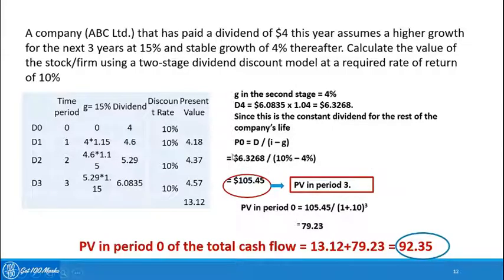So the discounting can be done till the period just previous to the period in which the dividend started. Hence, 105.45 is the discounted value of the dividends received from period 4 and thereafter. And this discounted value is in period 3.